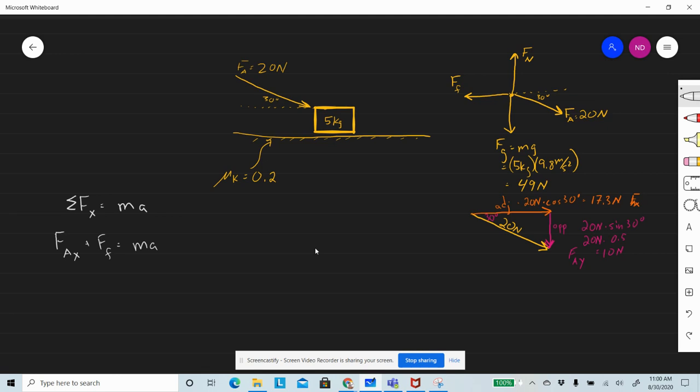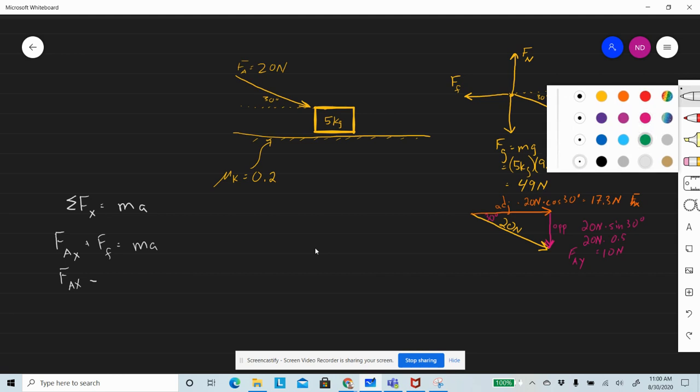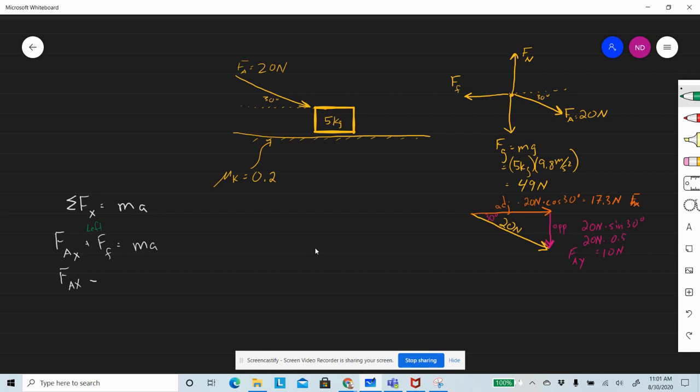We're going to make right positive and left negative, so the force of friction is negative.